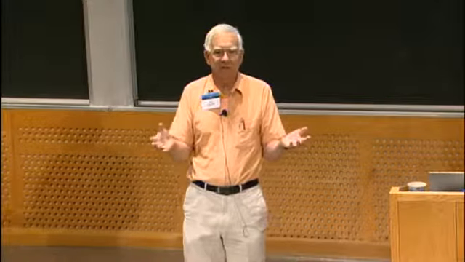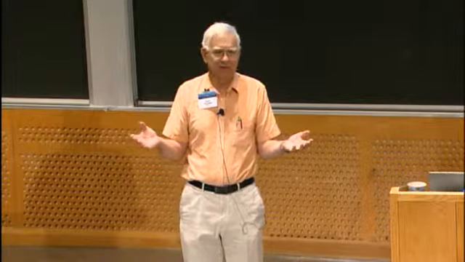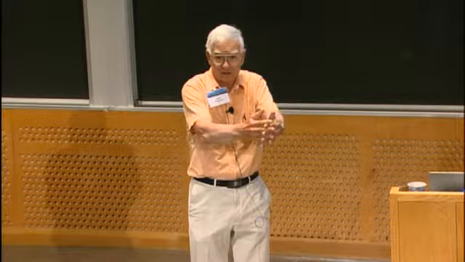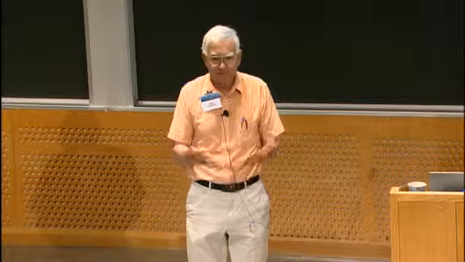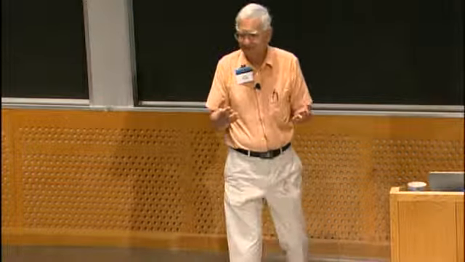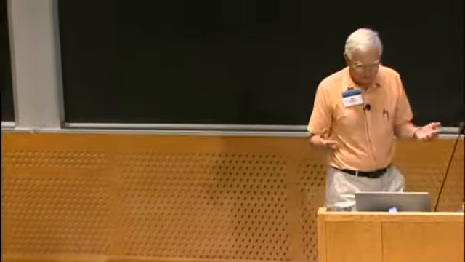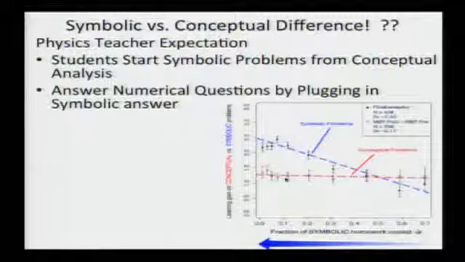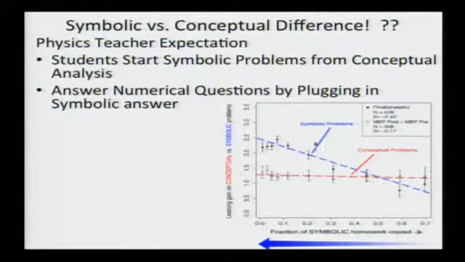We teach students to solve the problem symbolically and then plug in the numbers. If you did that, you'd be a lot better at answering the numerical questions. And yet there is no correlation here, and there is a tremendous correlation here on the symbolic problems. This effect size is 2.4 standard deviations from this one intervention, namely doing your Mastering Physics homework.